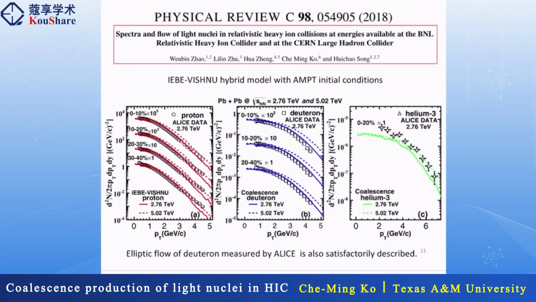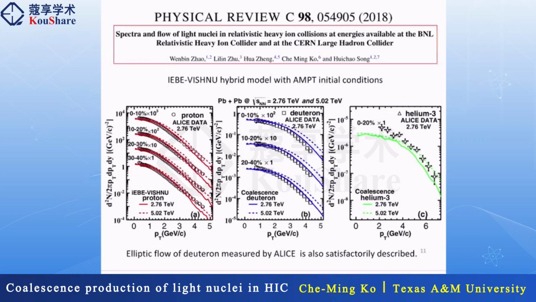At the same time, Bin Zhao, who was then a student of Hui Zhao, and I used the hydrodynamic model VISHNU with event initial conditions, followed by URQMD, then used AMPT initial conditions and did the coalescence.